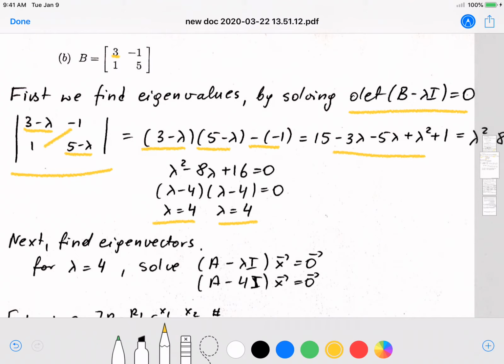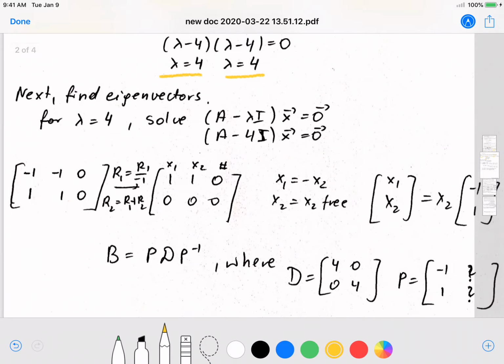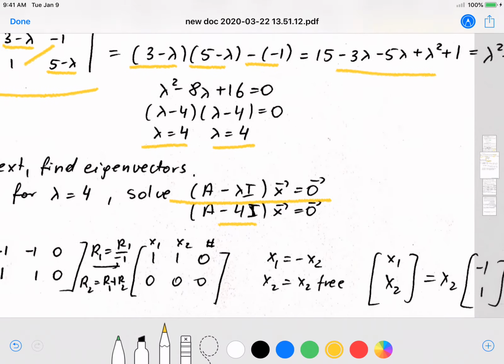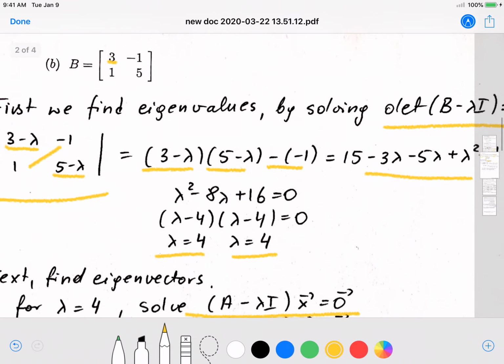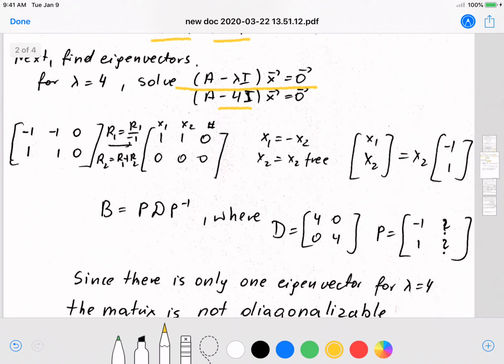Next we need to find the eigenvectors. To find eigenvectors, we solve the equation A minus lambda identity times x equal to 0, so we subtract 4 on the main diagonal of the matrix and solve the equation. If I subtract 4 on the main diagonal, I'm getting minus 1 and 1, right here.